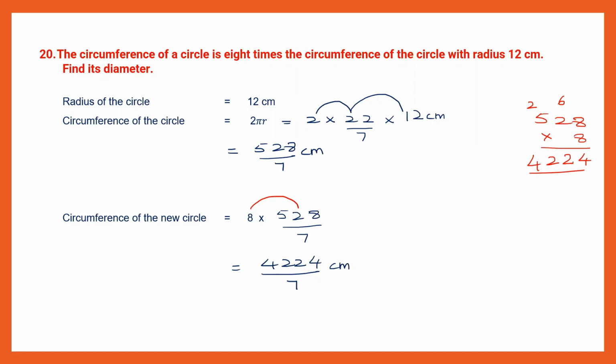Now our main question here is to find the diameter of this circle. Okay, so let's continue with this. Now we need to find the diameter, but before that we have to find the radius, and the formula to find the radius is circumference divided by 2 pi. The circumference we found out to be 4224 by 7 centimeters divided by 2 pi, that is 2 into pi, and pi is 22 by 7.